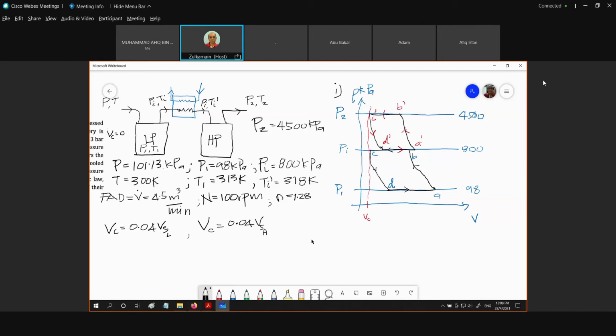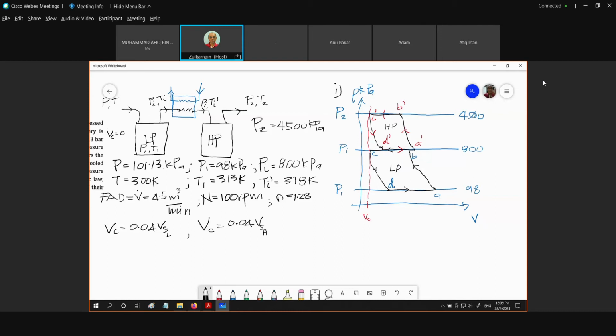So we are going to name the swept volume right here. This is for the low pressure compressor. This is the high pressure compressor. Then we give the name for the low pressure as VSL and the high pressure as VSH.